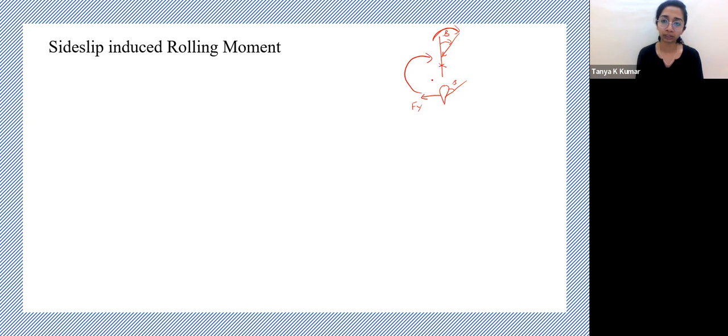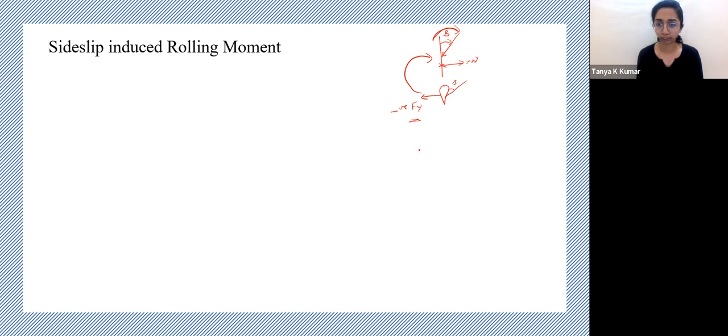Now, can you try to see what factor this Fy is? This is a negative side force, right? This is negative because your positive y-axis is in this direction. This is positive y. So from this Fy generation, why would it cause the rolling moment? Just try.